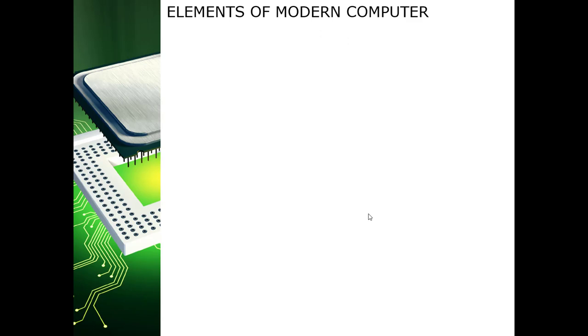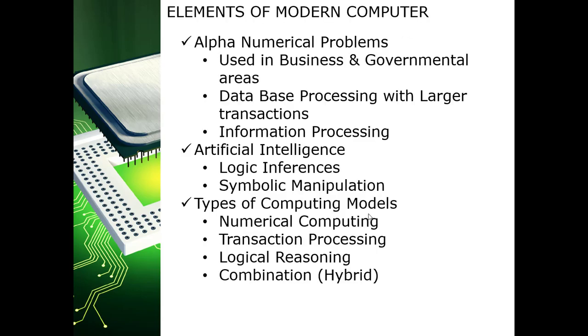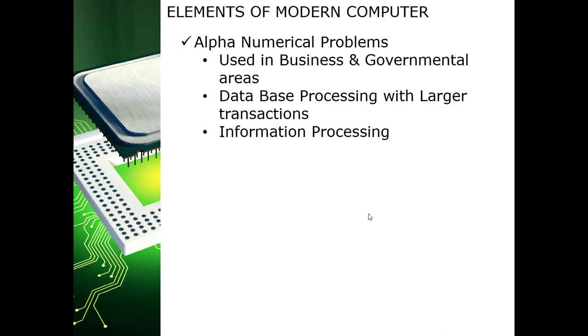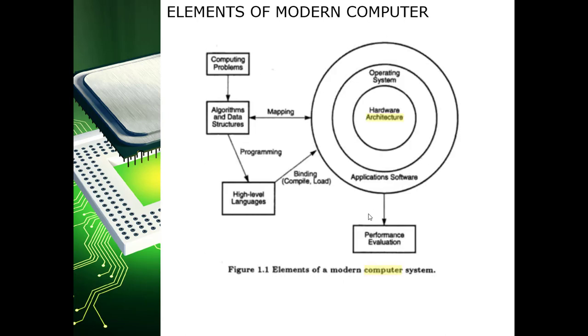So next we have to go for the third element of the elements of modern computer. Before discussing that, I would like to show the diagram once again. You see that? We completed computing problems, algorithms and data structures.